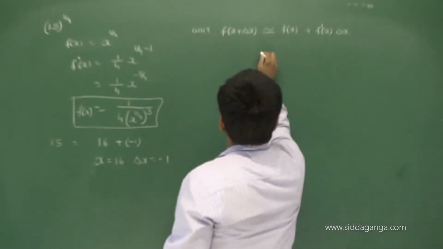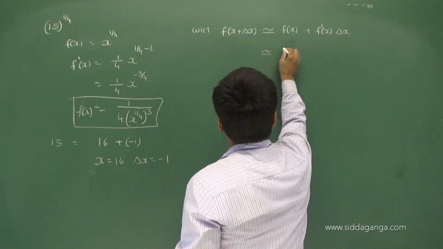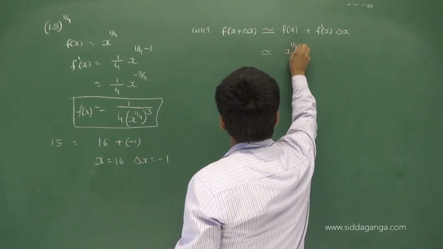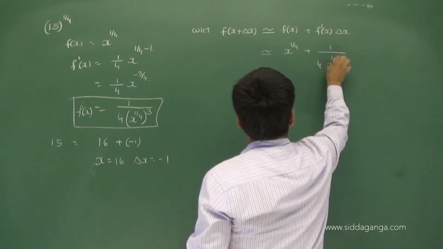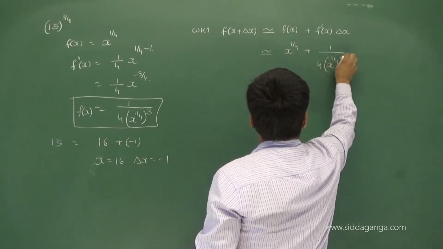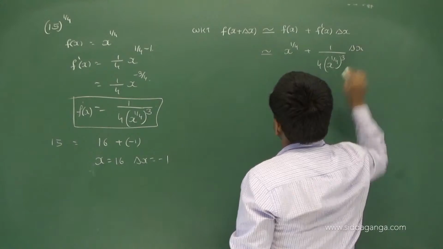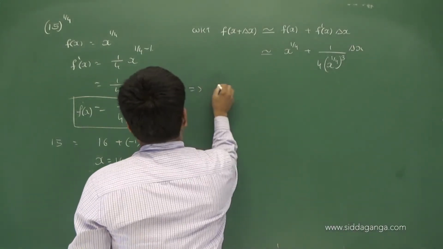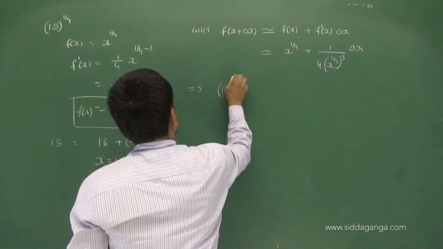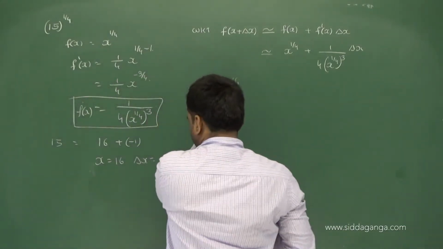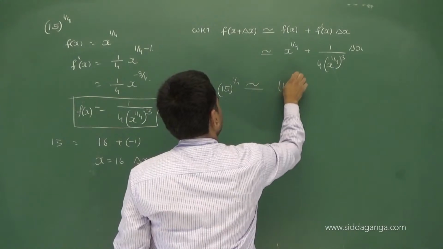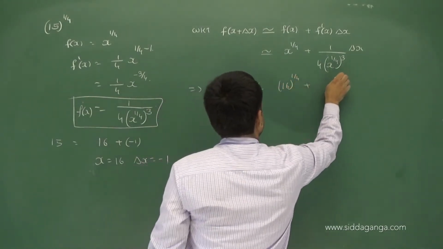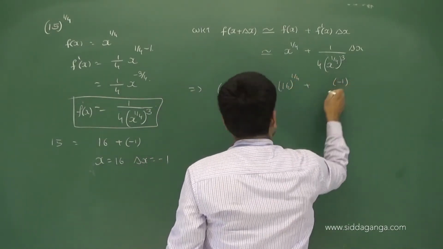So we substitute first all the functions. X to the power 1 by 4 plus 1 divided by 4 into x to the power 1 by 4 whole cube into delta x. That implies 15 to the power 1 by 4, the fourth root of 15, is approximately equal to 16 to the power 1 by 4 plus, delta x is what?